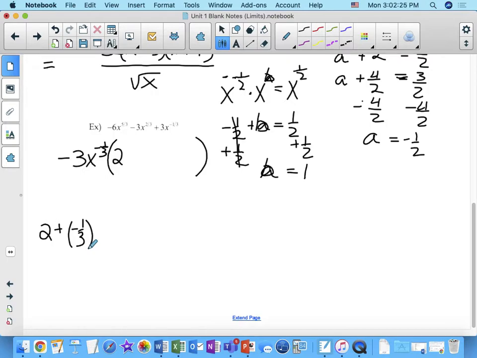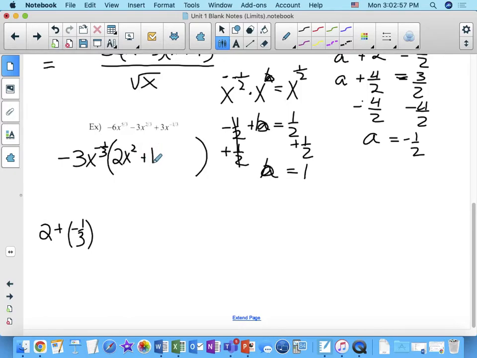How many thirds is 2? What would this be over 3? 6 over 3. So 6 over 3 plus negative 1 over 3 is how many over 3? 5 over 3. Yeah, so this does work. Make sense?